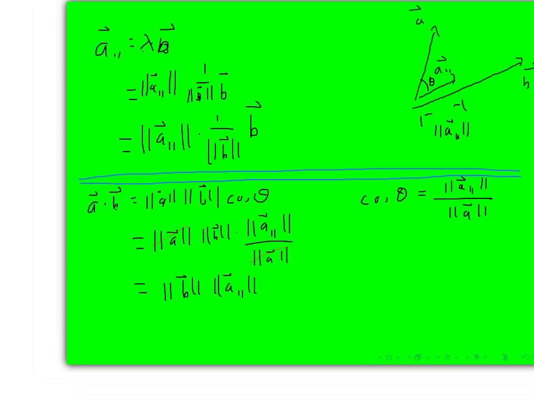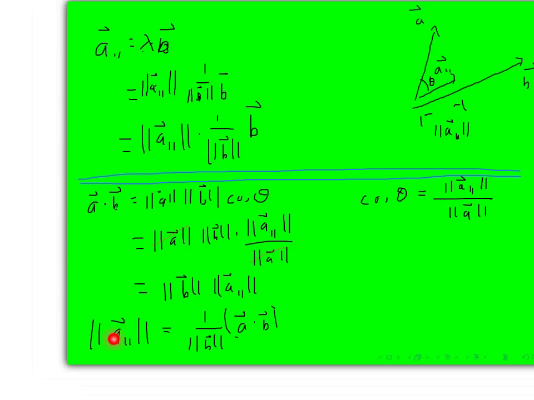Okay, so remember what we really wanted was the magnitude of a parallel. That's what I need to finish this formula. So I'm going to solve this for the magnitude of a parallel. So the magnitude of a parallel is equal to 1 over the magnitude of b times the scalar product a dot b.